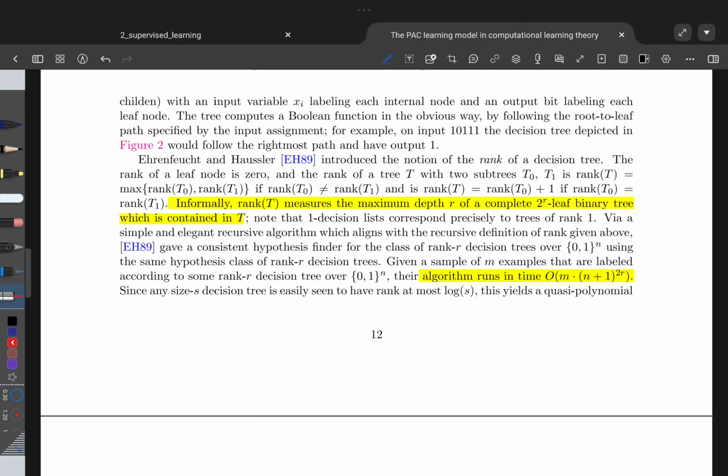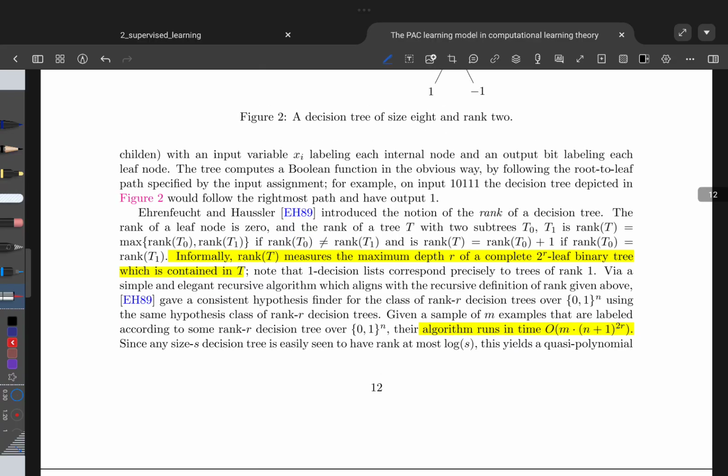So ultimately, it depends on how you measure the complexity of a particular decision tree, and here are some parameters that capture the complexity. One such measure is the rank of the tree, which is the maximum depth of a complete 2 to the r leaf binary tree that is contained in the tree. It's just some measure of complexity of the tree.